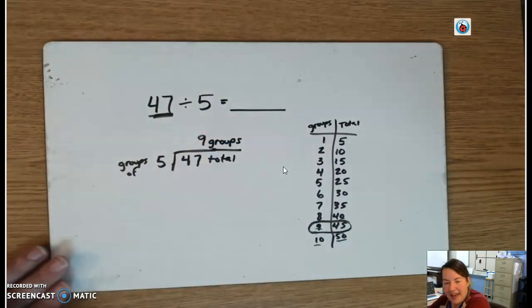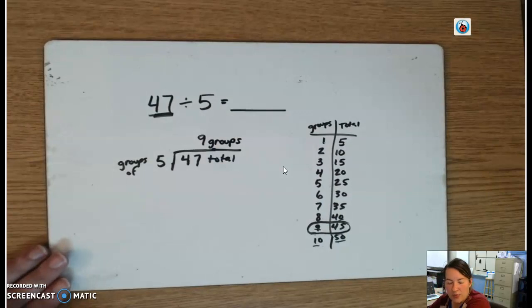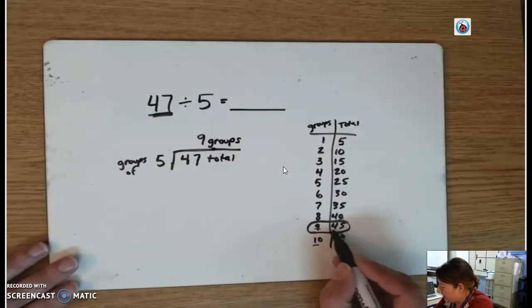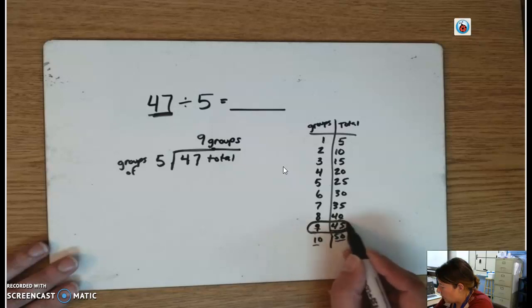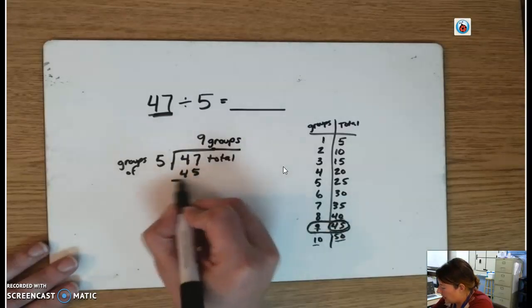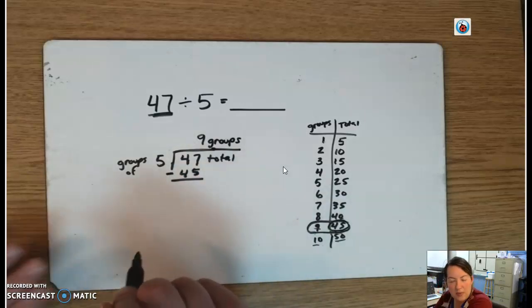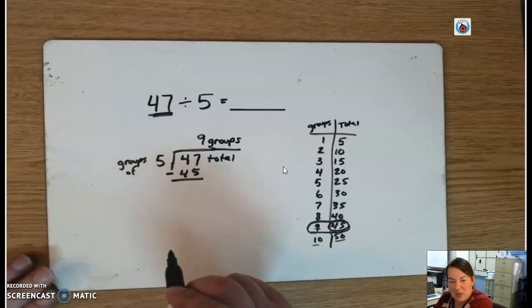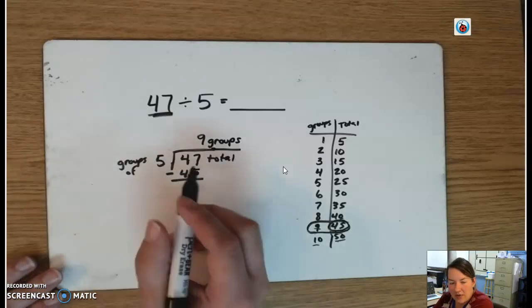All right, so if I actually make those 9 groups, would I have any pieces left over after making those 9 groups? Here's how we figure it out, remember? If I made those 9 groups, I would need to use 45 of those pieces. So let's use 45 of those pieces. I'm going to subtract them to figure out how many pieces would be left over after I make all of those groups.